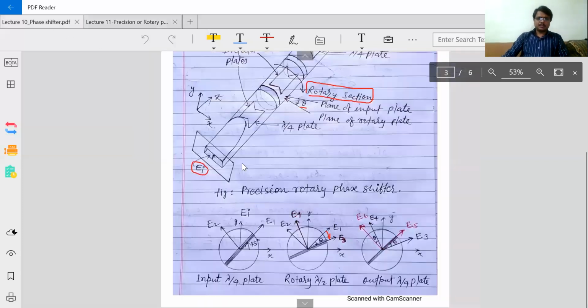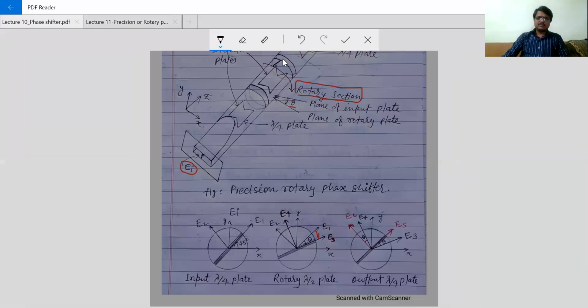Now let us calculate E3 and E4. E3 is nothing but the parallel component of the electric field along this rotary section, or rotary plate, and E4 is the perpendicular component from this rotary plate.